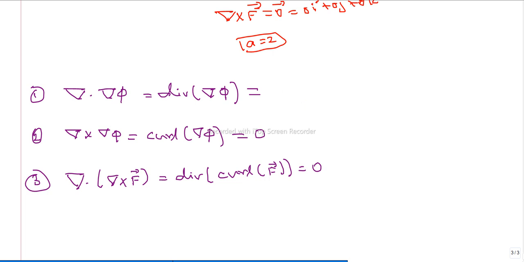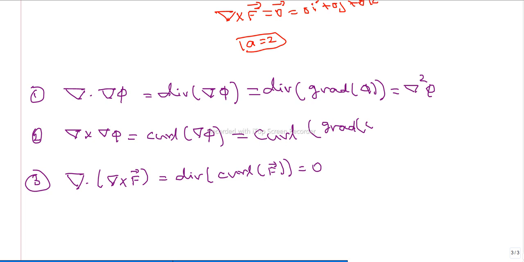Therefore divergence of gradient of phi should be del square phi. So again, this is curl of del phi, but del phi is a gradient, therefore curl of gradient of phi should be 0.